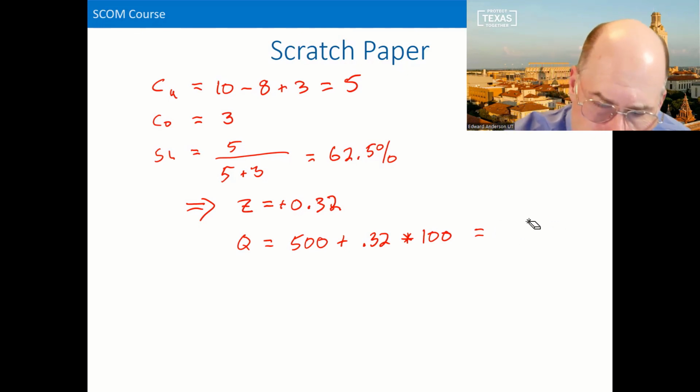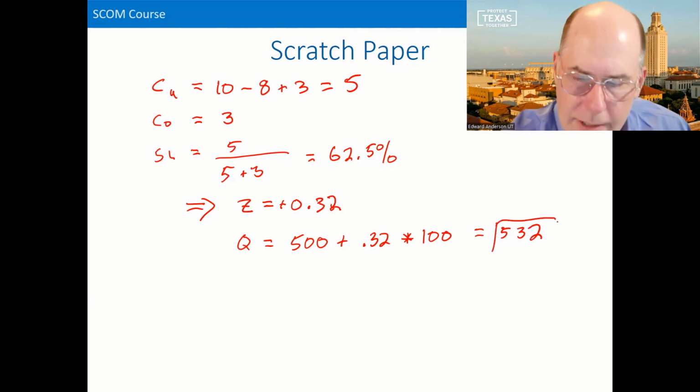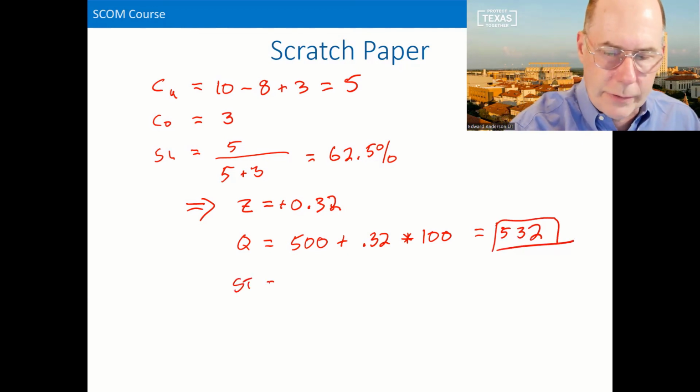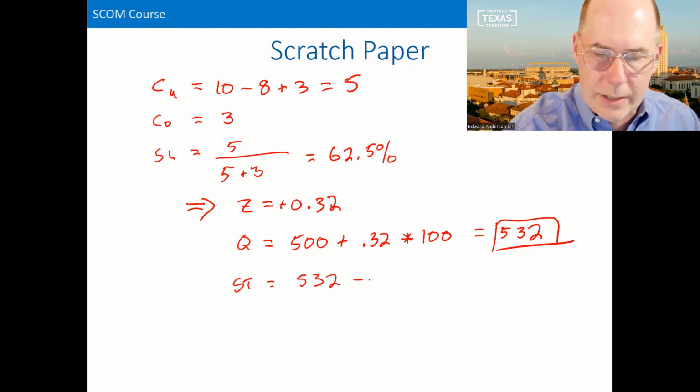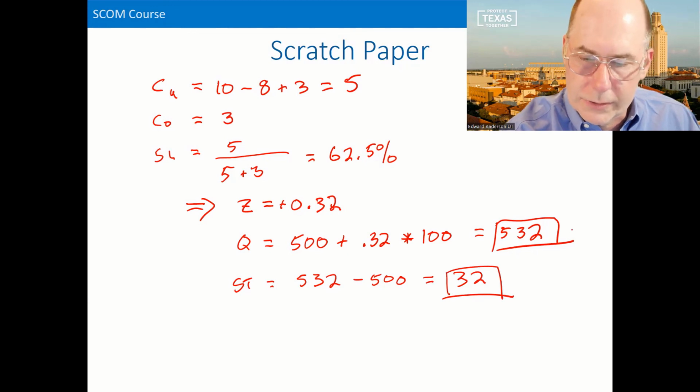Apologies. 532. So now we are indeed going to have a safety stock, and the safety stock will be equal to, well, it's 532, which is what we ordered. 500 would be a service level of 50%, and hence we got a safety stock of 32 suits.